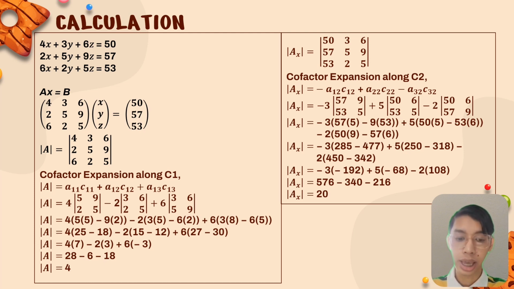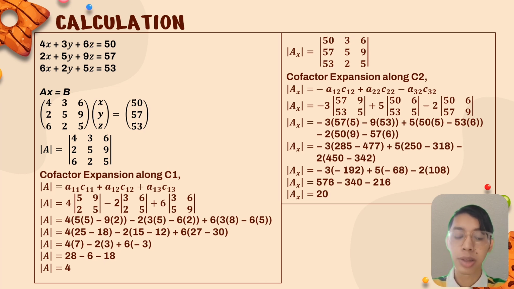And we put it in: negative 3 in the determinant 57, 9, 53, 5, plus 5 in the determinant 15, 6, 53, 5, and minus 2 in the determinant 15, 6, 57, 9.